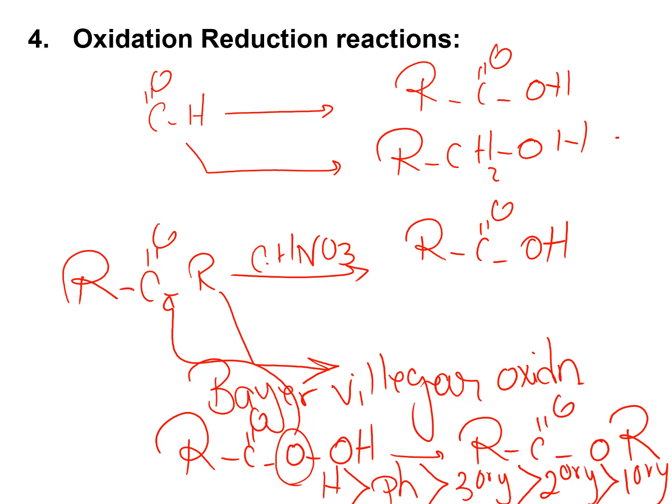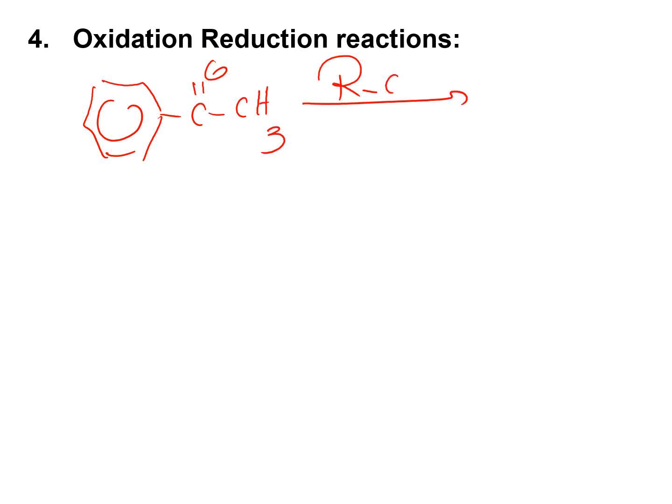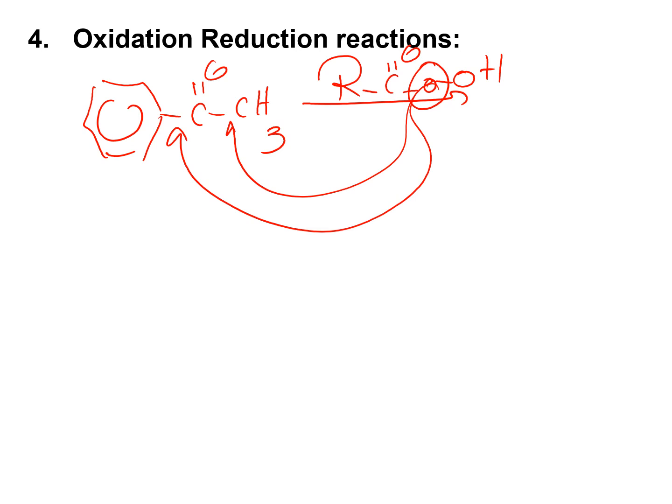What does that mean? It means that if you have, for example, acetophenone and you perform the Baeyer-Villiger, your oxygen has now two choices. It can go between the carbonyl and the methyl and between the carbonyl and the phenyl.